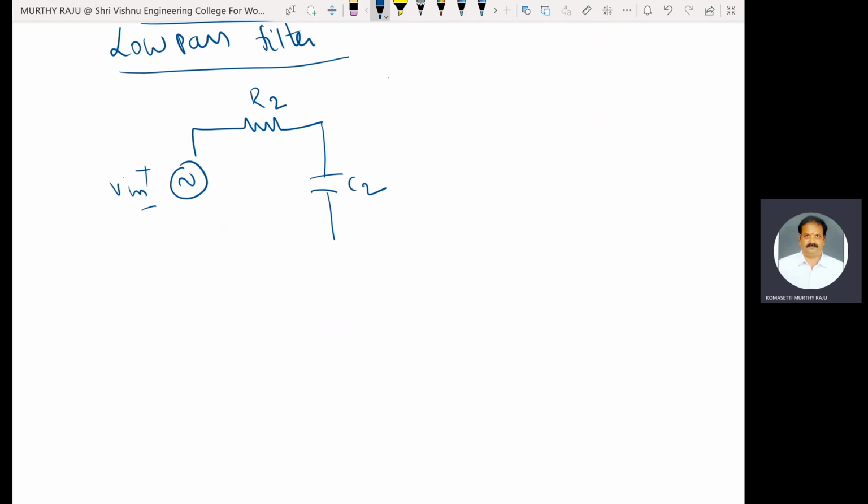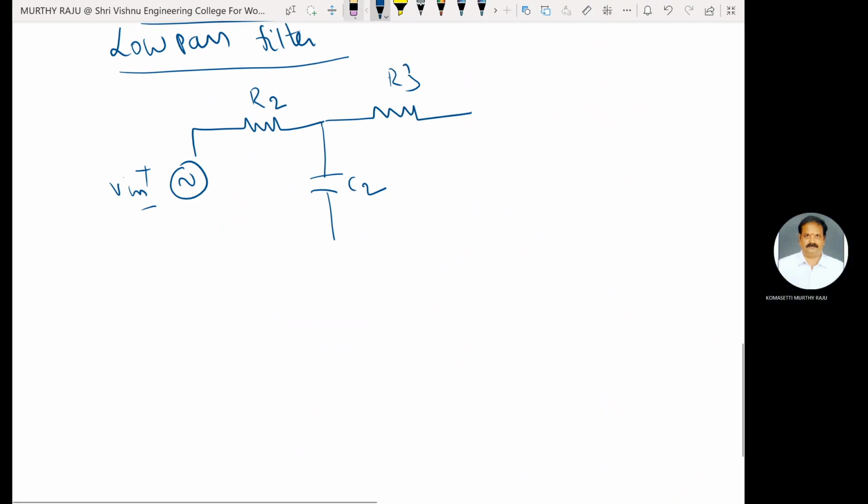One end of C2 is connected to here. R3. This one is R3.